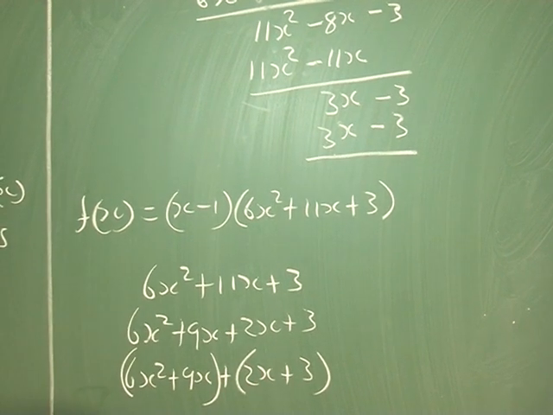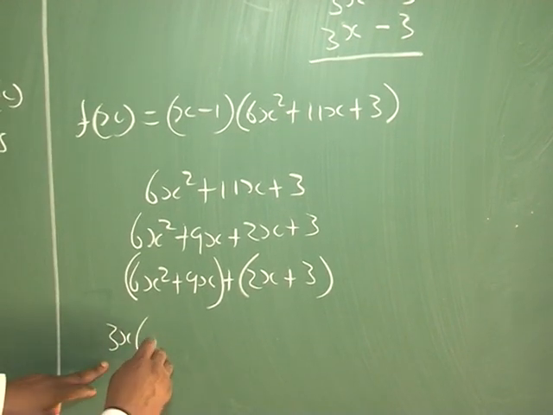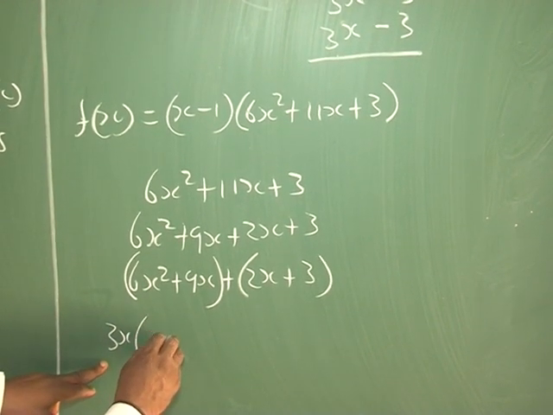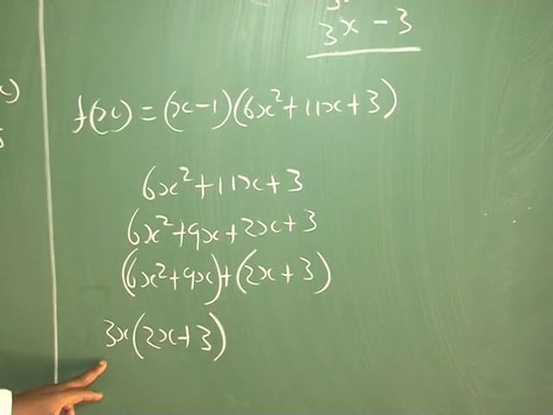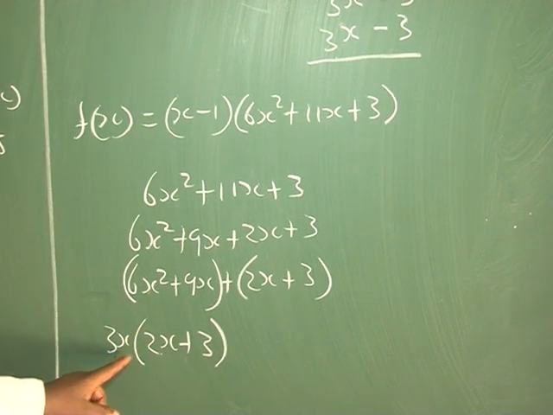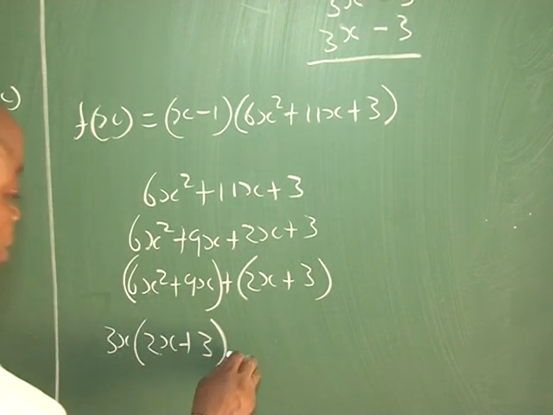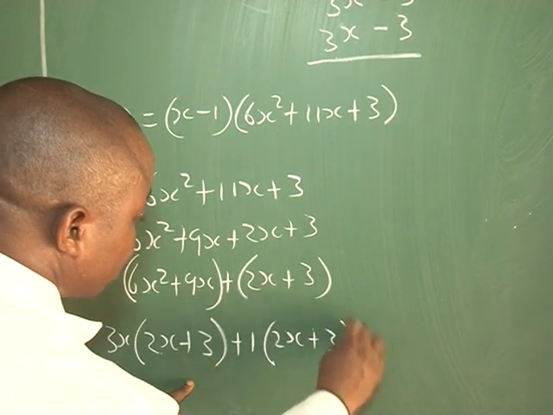Here we factor out 3x, and we will have 2x plus 3, because 3x times this can give us back here. Then this times this can give us this. So plus 1 is also the factor here. So you have 2x plus 3.